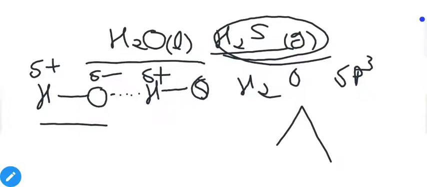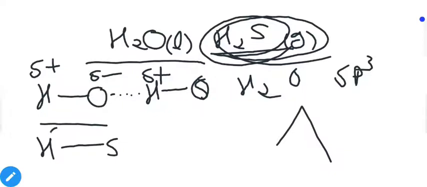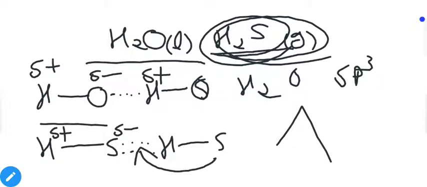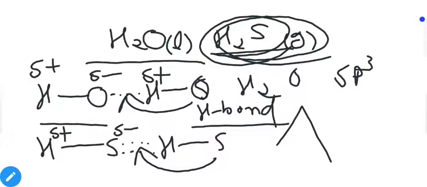If we compare the intermolecular attraction strength of the water molecule with H2S, in the case of H2S we have a similar partially positive hydrogen and a partially negative sulfur. So when another H2S molecule comes close to the first molecule, they also produce intermolecular attraction. But this type of intermolecular attraction is dipole-dipole interaction, whereas the intermolecular attraction in the water molecule is hydrogen bonding. Hydrogen bonding is the strongest intermolecular attraction.